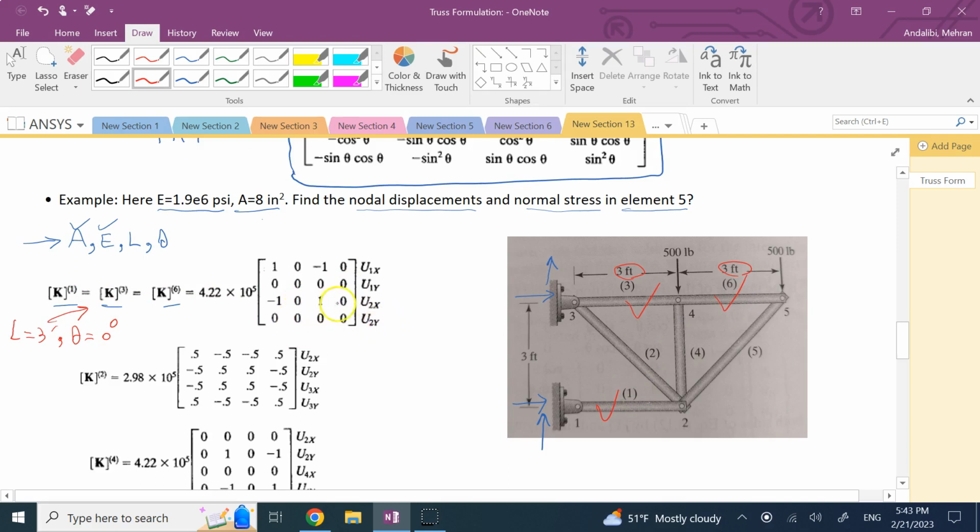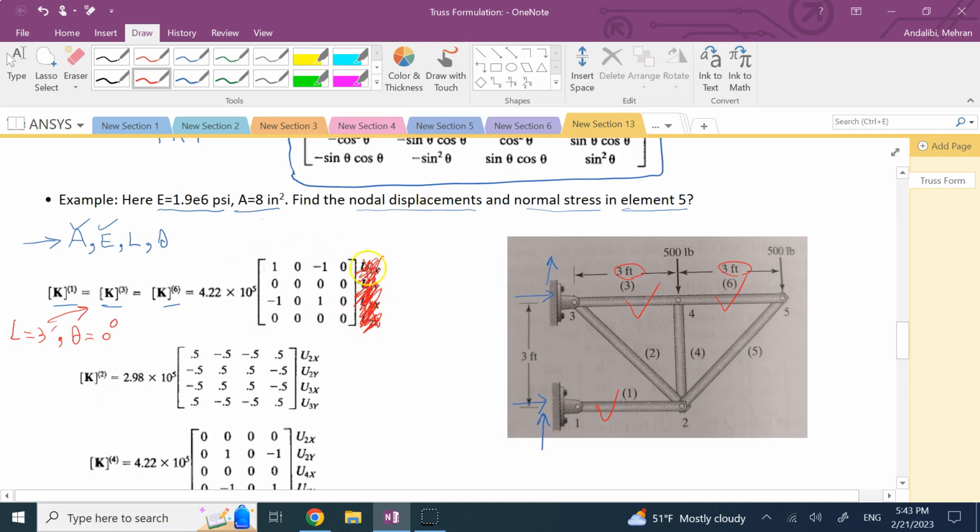Now, the only thing different here is this part. This part I should really cross out, because K1, 3, and 6, their magnitudes are all similar, but the nodes that they are connected to are not like each other. So this part of it can be quite a bit misleading. You want to write which nodes these elements are for.